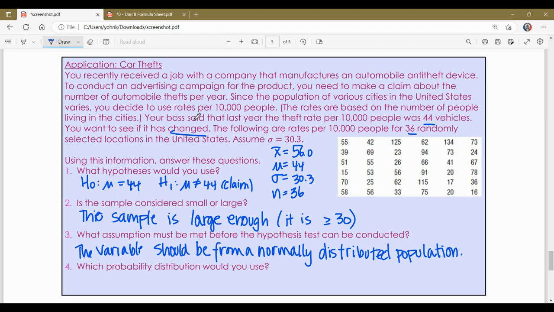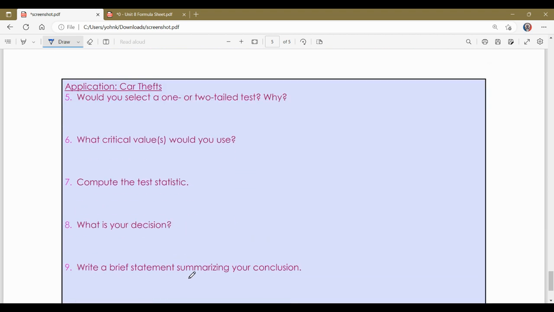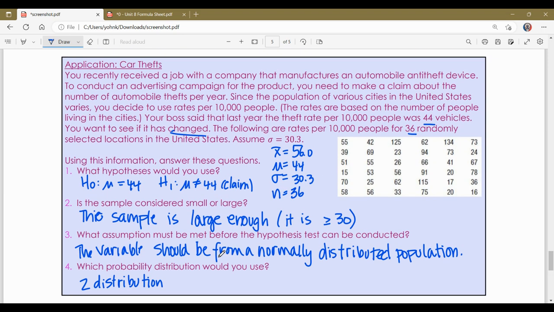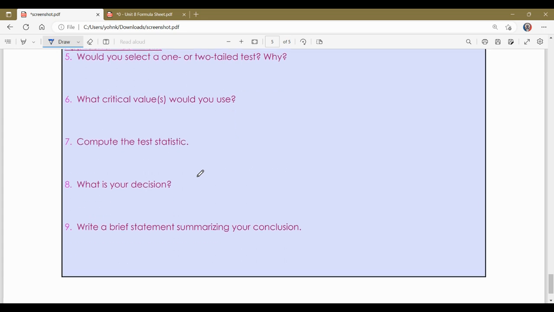Number 4, which probability distribution would you use? We're going to use the Z distribution. That's why our critical values have been Z alpha over 2s. Number 5, would you select a 1 or a 2-tailed test? Why? Well, remember our claim is not equal to, and so therefore we are graphing a 2-tailed test.